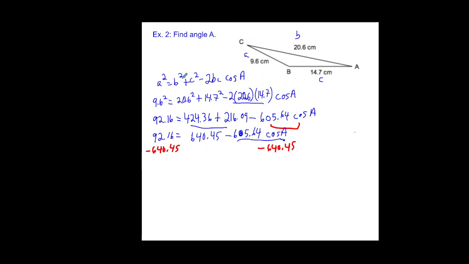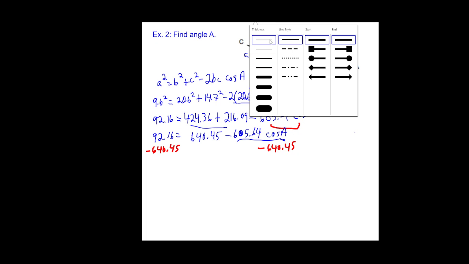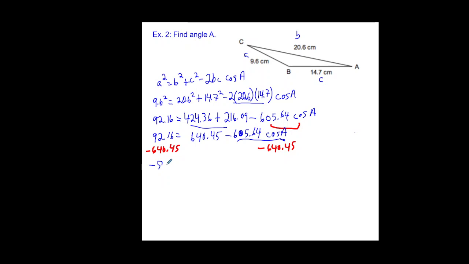When we do that, we will be left with negative 548.29 on the left side. The right side will be negative 605.64 cos A.